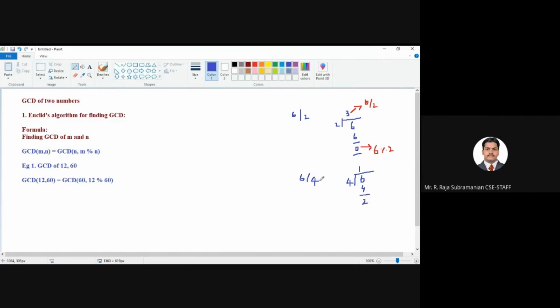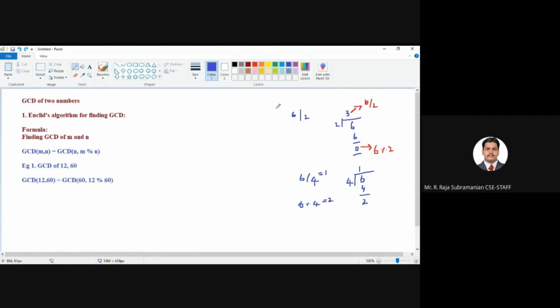So what is 6 divided by 4? The quotient is 1. And 6 modulo 4 is 2. Very good. So this is very clear now. Now a final one; if you answer this also, you are an expert.